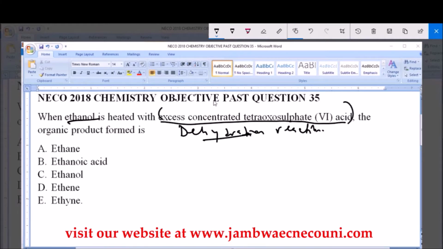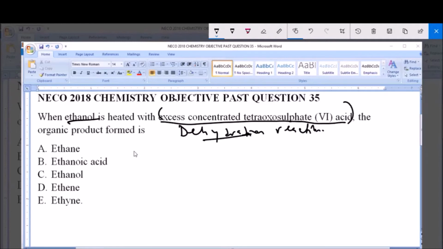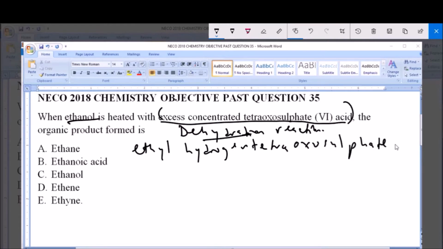Now, when this happens, the reaction first of all yields a product known as ethyl hydrogen tetraoxosulfate 6, given by the formula C2H5HSO4.